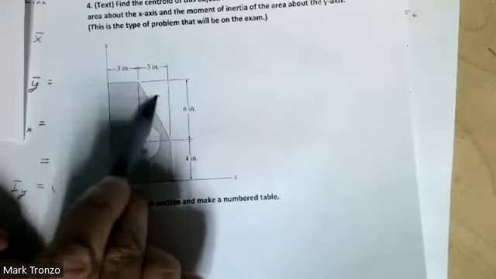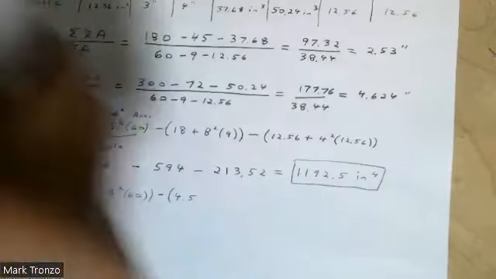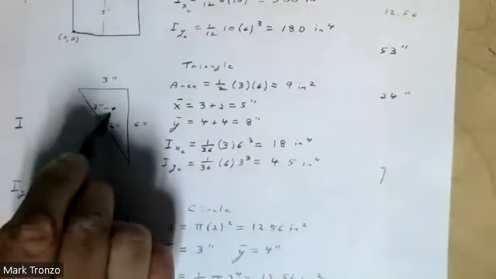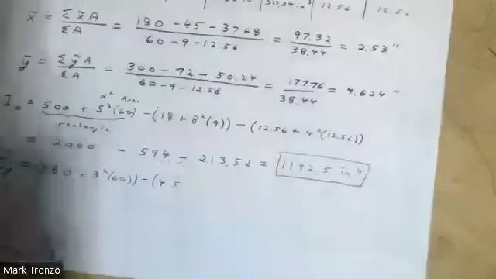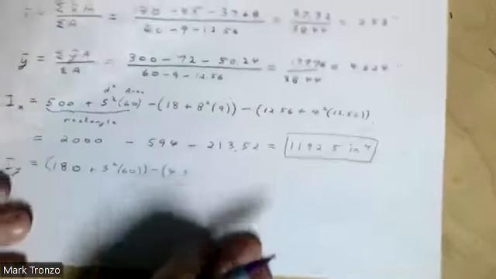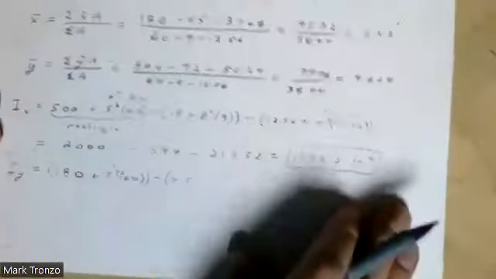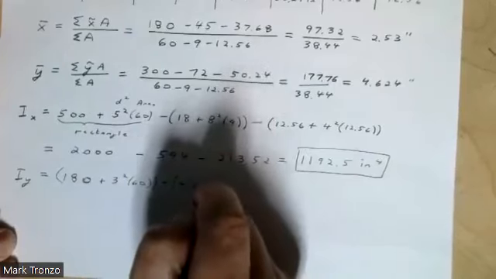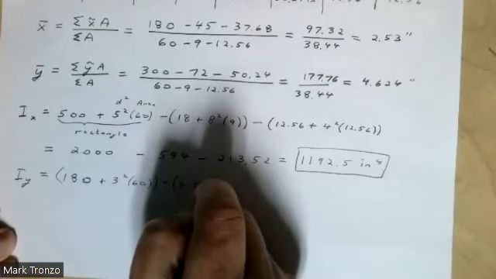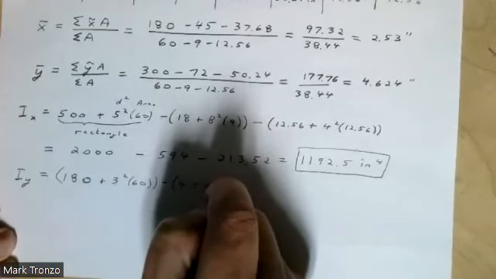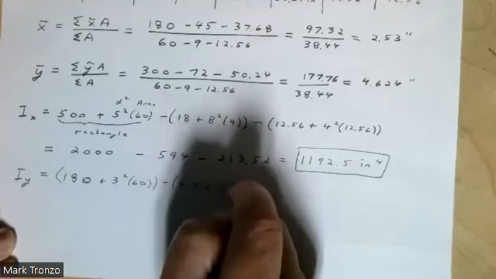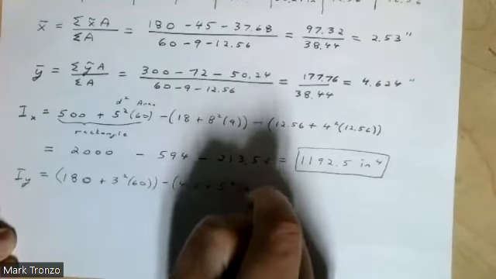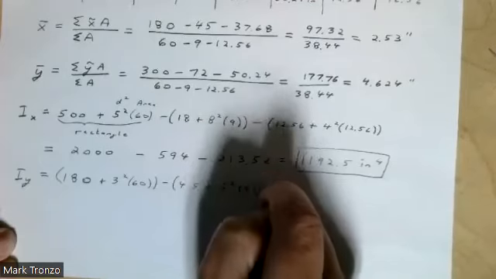It was this distance here, 3 inches plus that 2 inches to the centroid. So we'll put that down. And it goes 3 plus 2 is 5, 5 squared. Then the area of the triangle is 9.